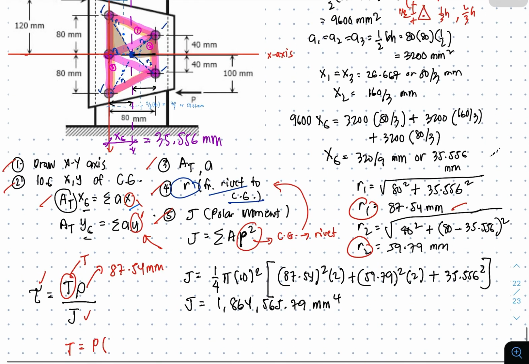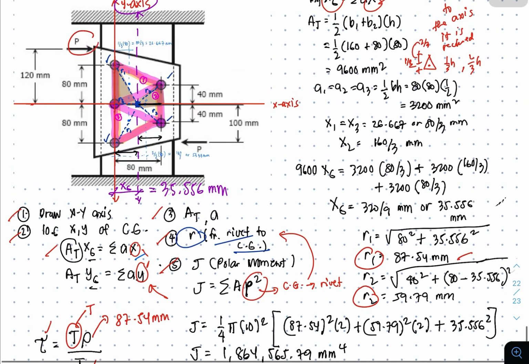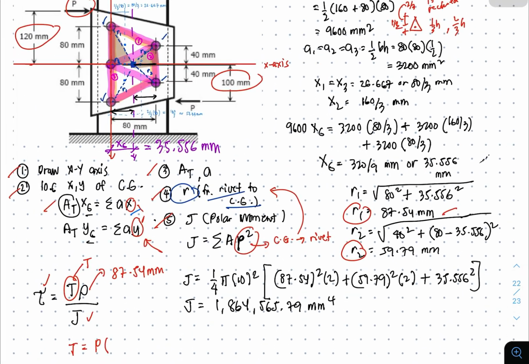Since we have P here, and we also know that there is a distance here of 120 and 100, I can simply say that our torque is equal to, again, force times distance, and we have here 2P, and distances 120 and 100 from the x-axis respectively.